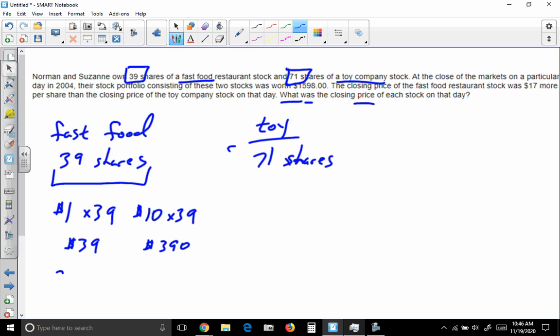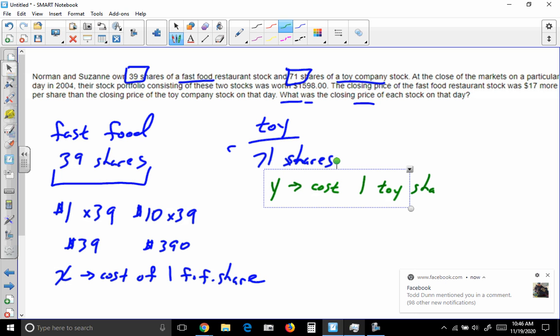So let's let x be the cost of one fast food share, and let's let y be the cost of one toy share.